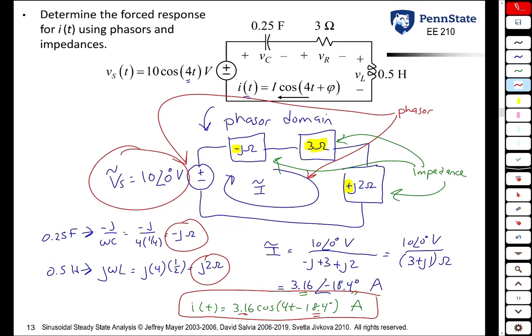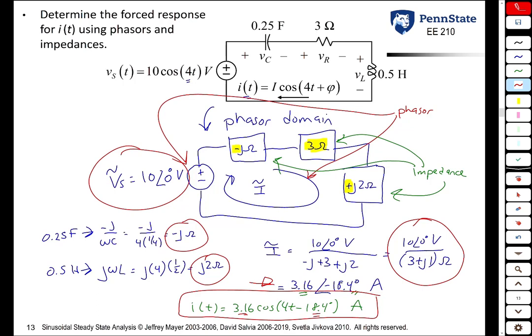The only challenge here is the math is complex numbers, but if your calculator can do complex numbers, you can get this answer very simply. And then as a final step, you undo the phasor to turn it back into a time domain expression. And that in a nutshell is what this phasor impedance concept is all about.